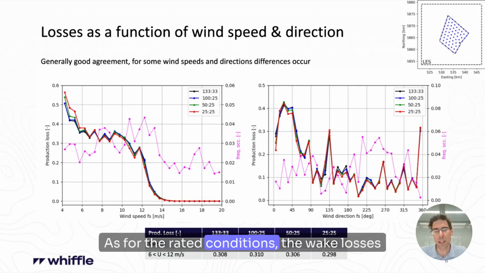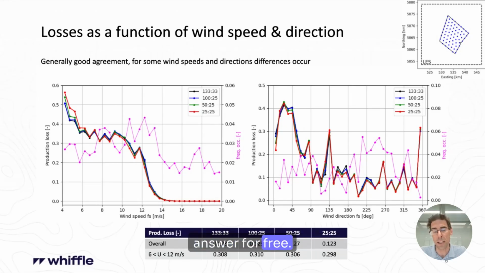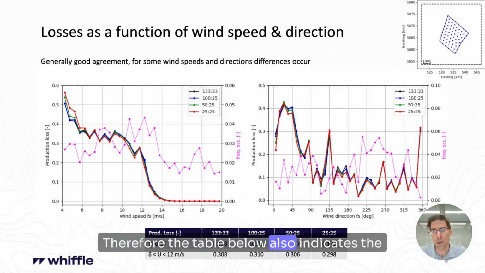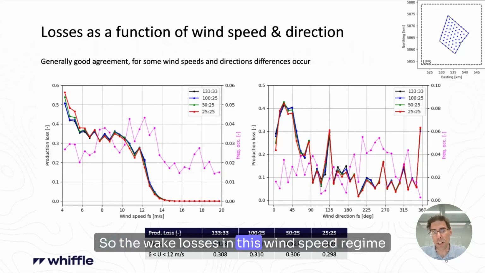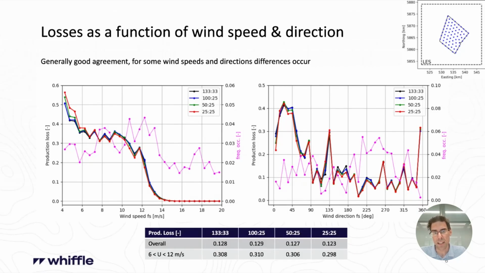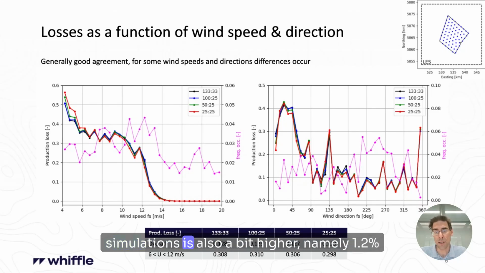At rated conditions, the wake losses are 0 anyway, and you get this part of the answer for free. Therefore, the table below also indicates the production losses for the wind speeds between 6 and 12 meters per second. So the wake losses in this wind speed regime are much higher, like 30% in this case. And the difference between the four simulations is also a bit higher, namely 1.2 percent point maximum.